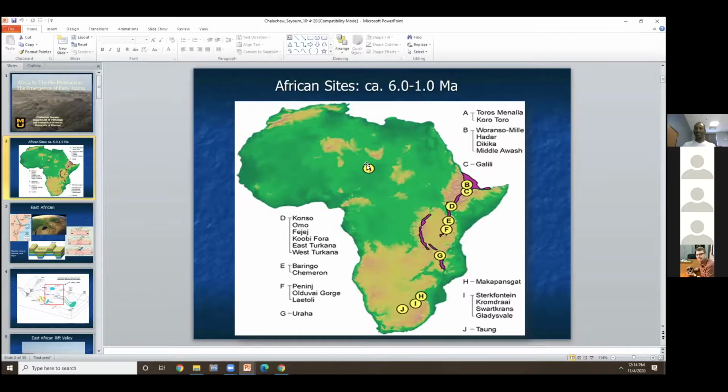This shows that hominins evolved outside the rift system as well.